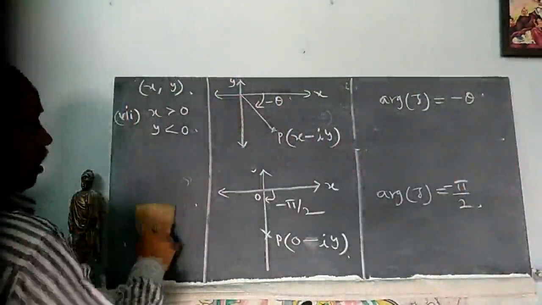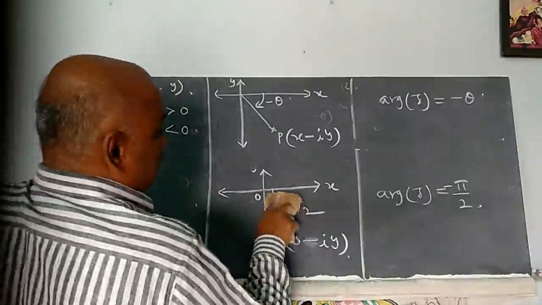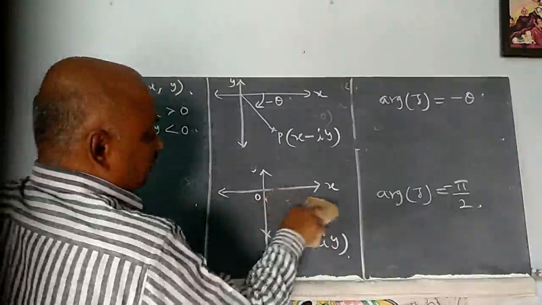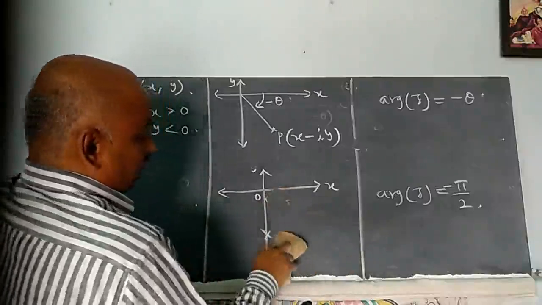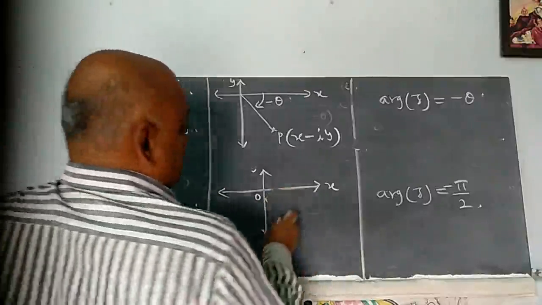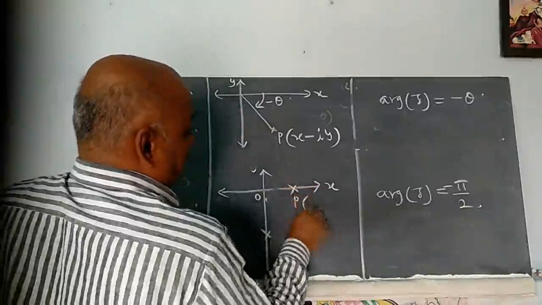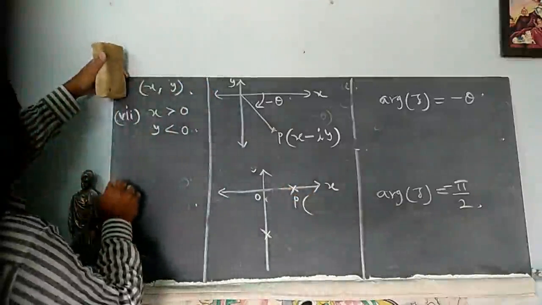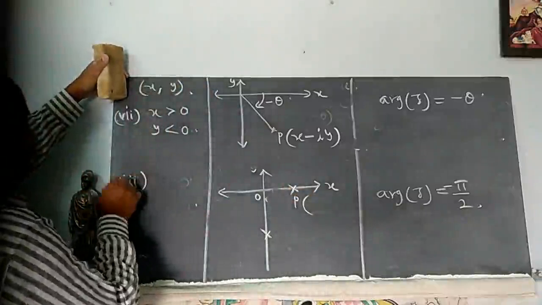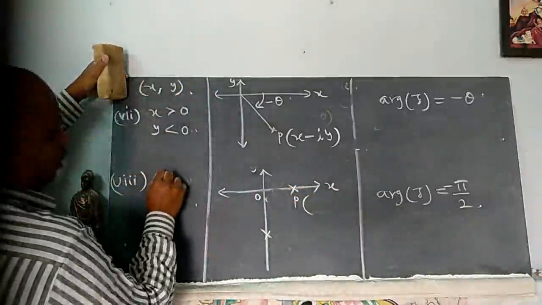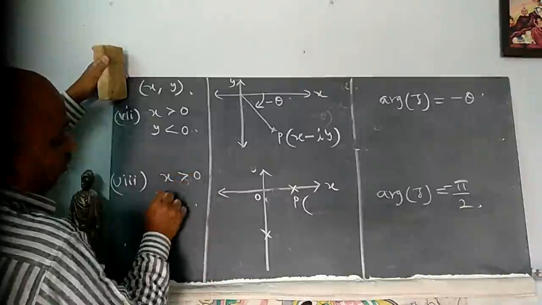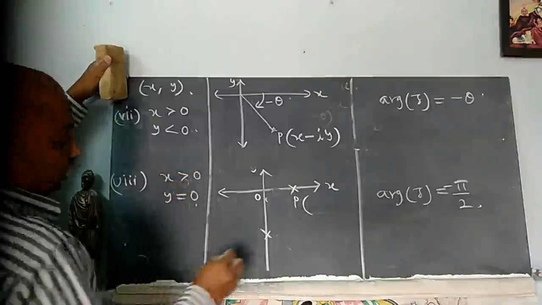Next, if P is on the positive x-axis, which is nothing but x is greater than 0, y equal to 0.